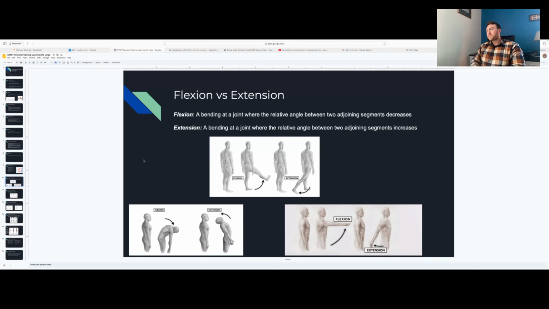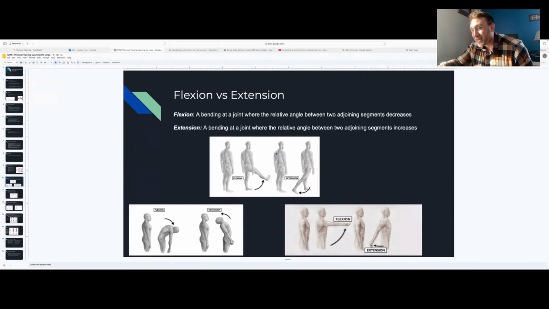It's getting bigger. And then what I want you to understand is, and I guess I can stand up and show you, people get kind of mixed up on this sometimes. So if you look here, flexion, yes, as we bring that knee up closer to the chest, that is open chain flexion. As we bring that leg behind you, that is open chain extension.